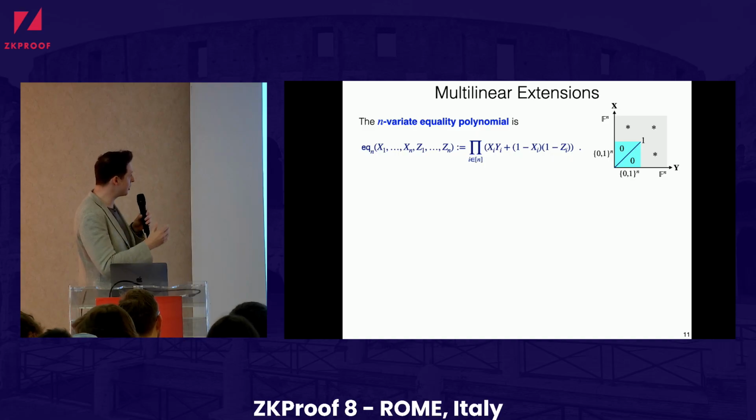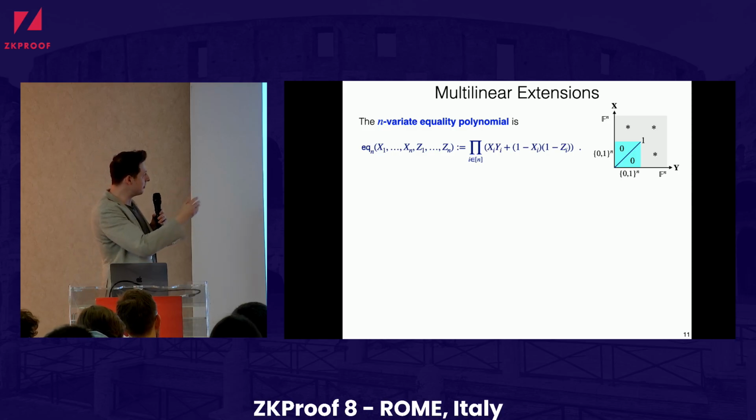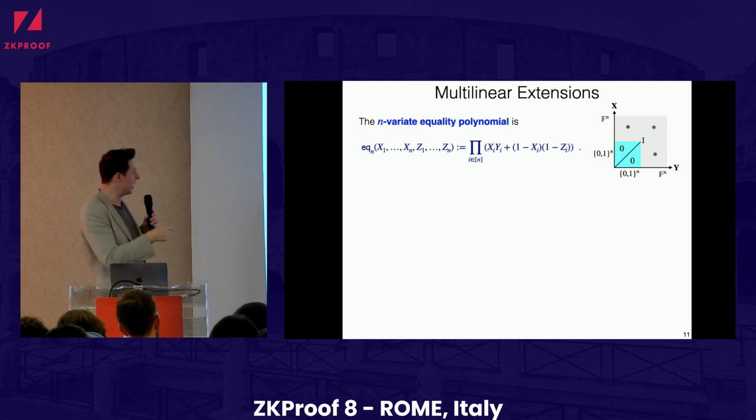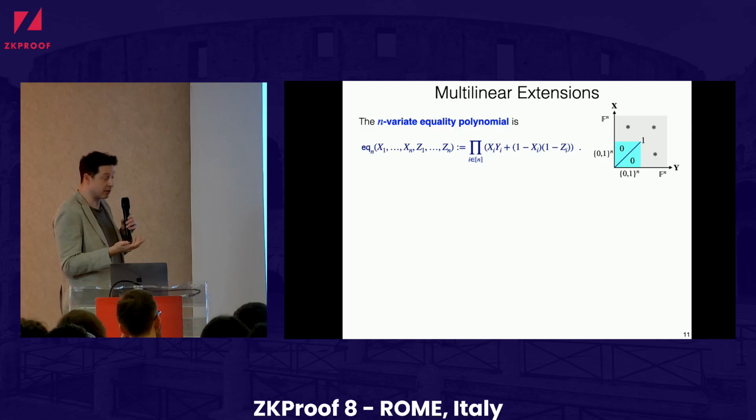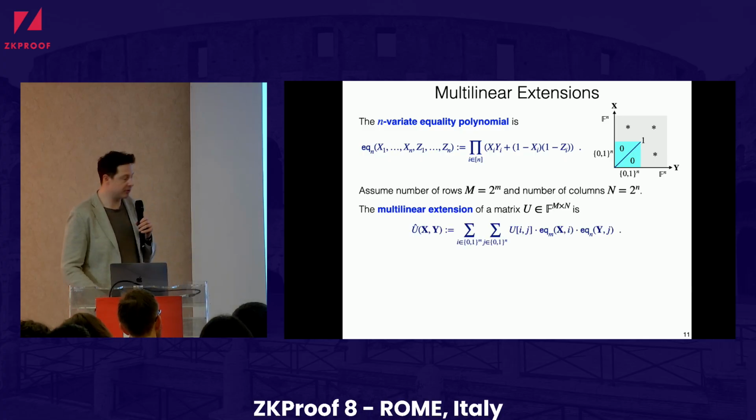Imagine you have n variables x and variables z, and this EQ polynomial has value 1 on the diagonal, where the x's and the z's have the same bit string value, and off the diagonal it's 0 because they're not equal, and outside {0,1}^n cross {0,1}^n it's just whatever. Okay? And this lets us talk about multilinear extensions.